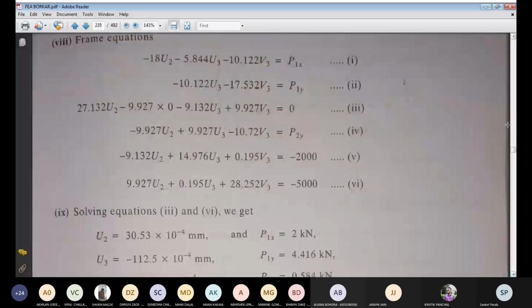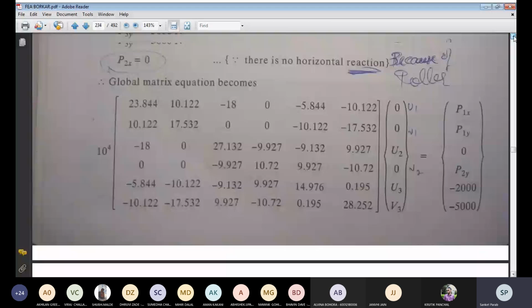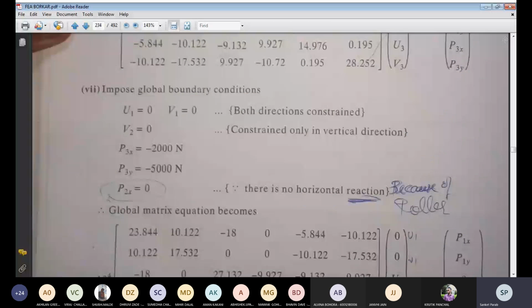Are you getting it? One is a fixed support, therefore U1 and V1 are 0. And next, only V2 is equal to 0, because of the roller support there can be movement in the x direction, and if there is movement in the x direction there will be deflection in the x direction.